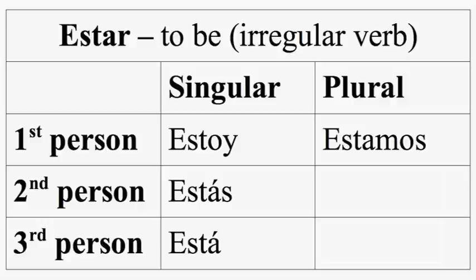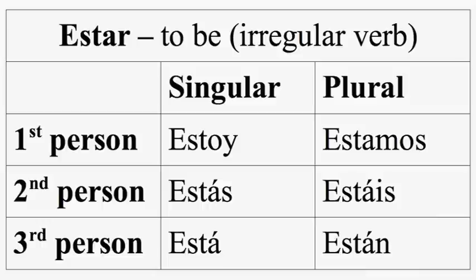Estamos. You are plural and informal. And remember, you only use this one in Spain. Estáis. And last, you are plural and they are. Están. Bien, you'll get used to conjugating with more and more practice, and then you won't even have to think about it.